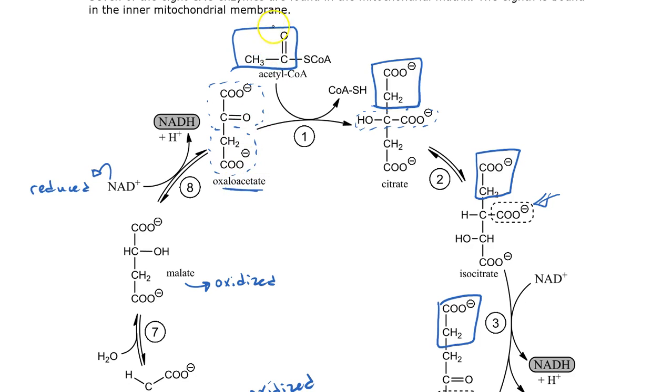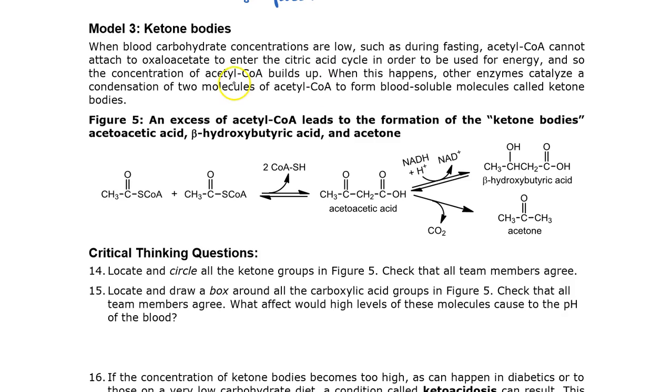So if you have a lot of acetyl-CoA, but you don't have a lot of oxaloacetate, then that makes step 1 slow down, and it makes the concentrations of acetyl-CoA build up. And if they build up, then you can't get energy from them via the citric acid cycle as efficiently because they just can't get in.